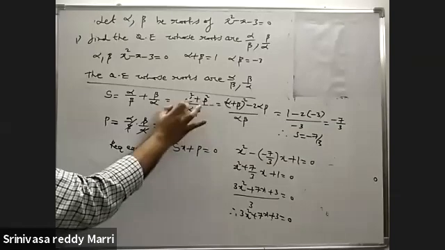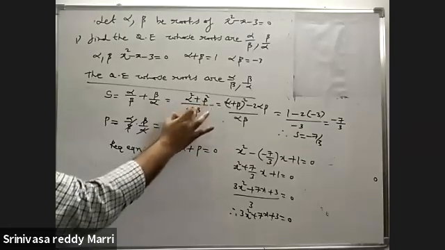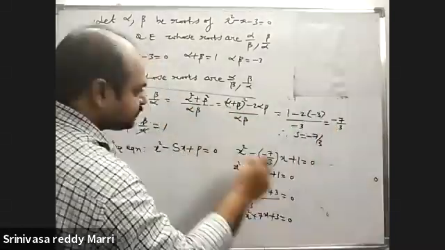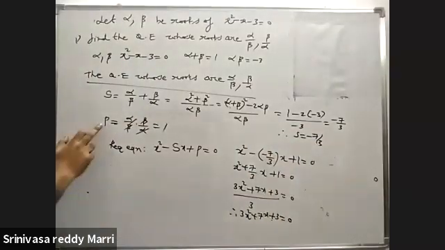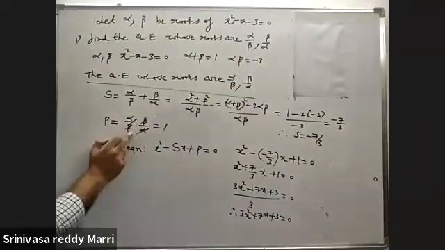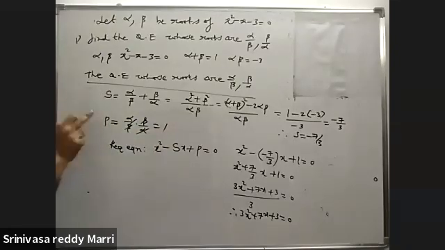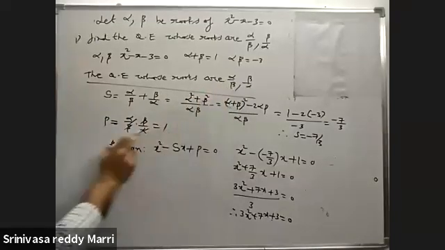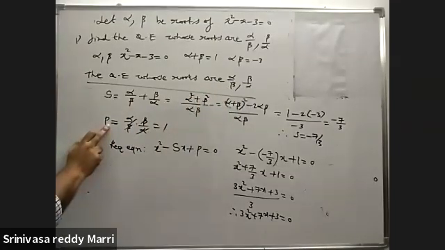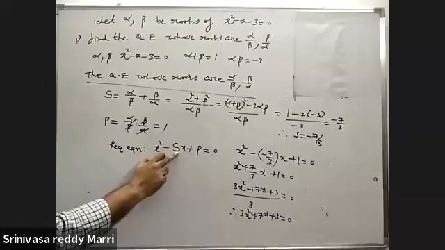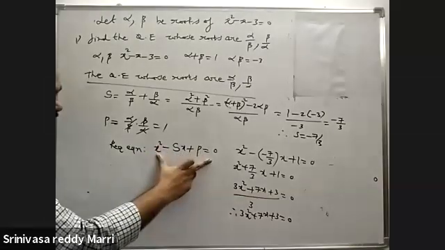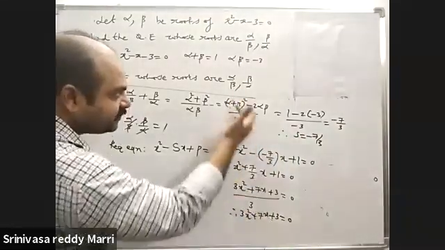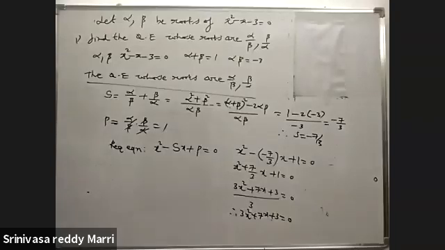If you take LCM, you will get alpha square plus beta square divided by alpha beta. This value is calculated like this. So therefore S is minus 7 by 3. Product you directly got: this into this is 1. So S you know, product you know. S means sum of these two roots, P means product of these two roots. What is the equation? x square minus sum of the roots into x plus product equal to 0. Just substitute these values and you will get one equation. For this equation, roots will be alpha by beta and beta by alpha.